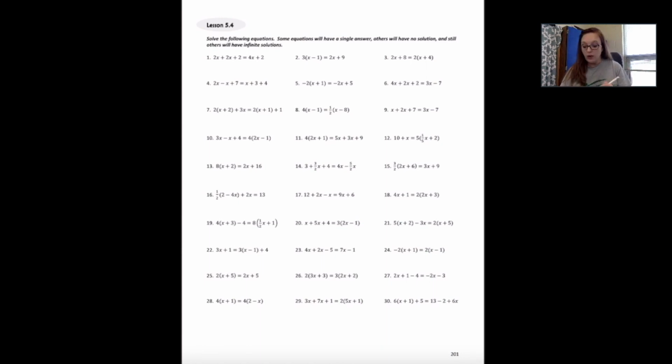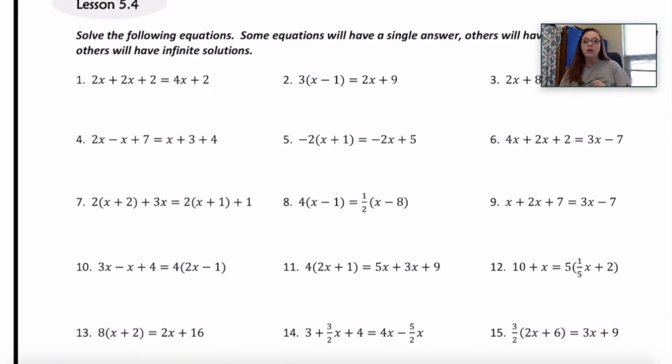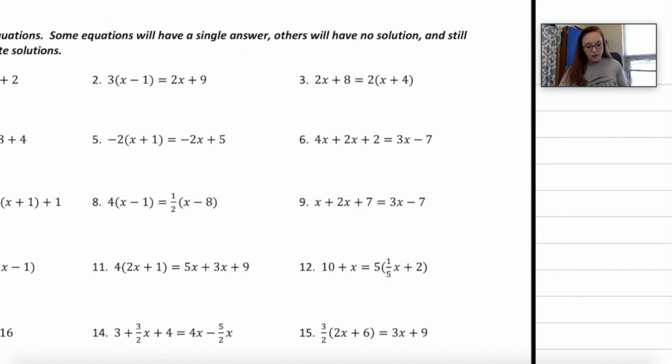You do need notebook paper today. So take some out. You're also going to want to have a calculator. All right, so I just added a sheet of notebook paper. So let's look at my first problem. I will need to copy this down on my notebook paper.